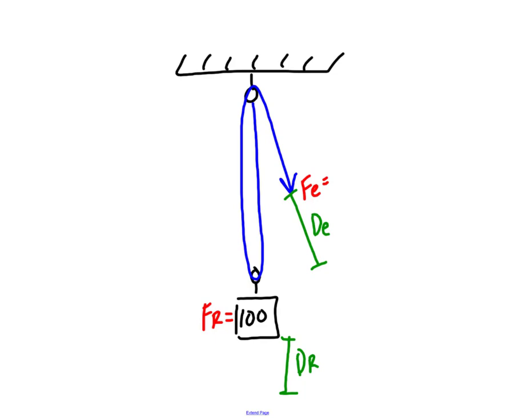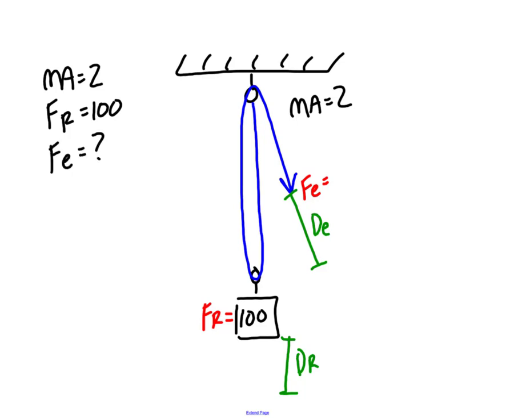So let's take a look at this. If this is a 100-pound box, what's the mechanical advantage of the system? What do you think of this? 2. A couple of you saying 2. So mechanical advantage of 2. So if I want to find FE, I have mechanical advantage of 2. I have FR, which is 100. I want to find FE.